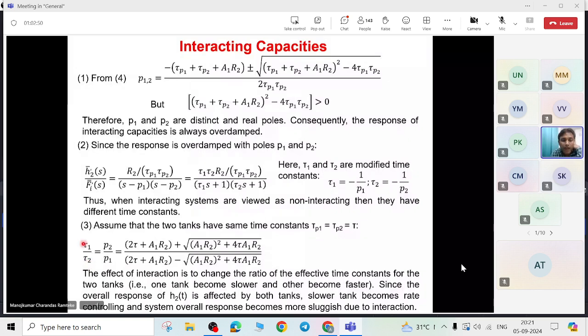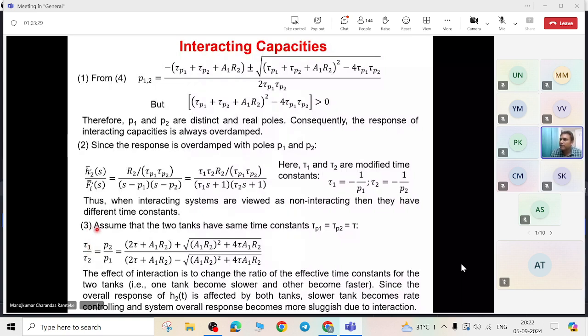That means one apparent time constant will be higher and the other is going to be lower because of this interacting factor A1 R2. So the higher the interacting factor, one time constant will increase, whereas the other apparent time constant is going to decrease, and clearly the higher value of the time constant will dominate and give you the rate limiting step, isn't it? Remember, the time constant basically gives you the speed of response, so the higher value of tau is going to give you the limiting step.